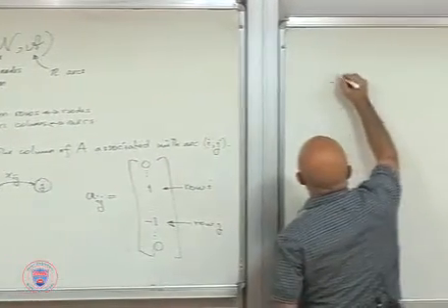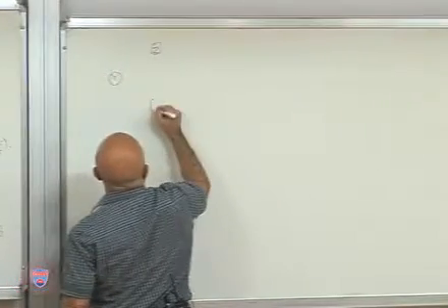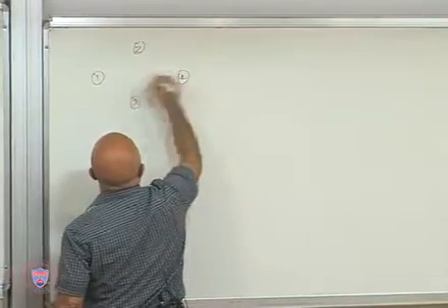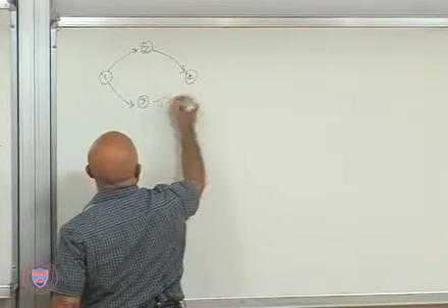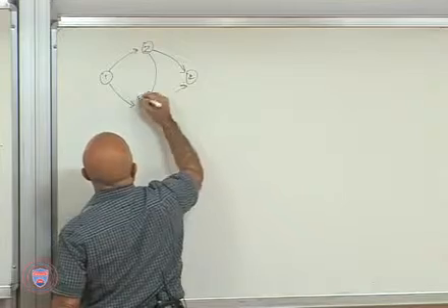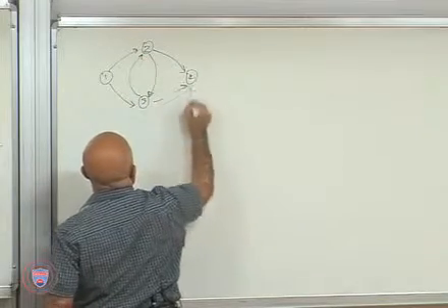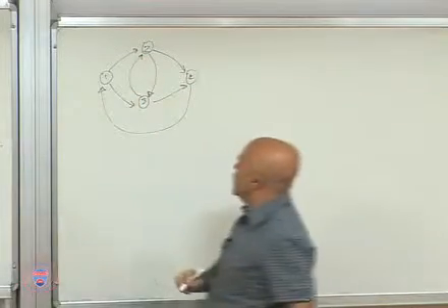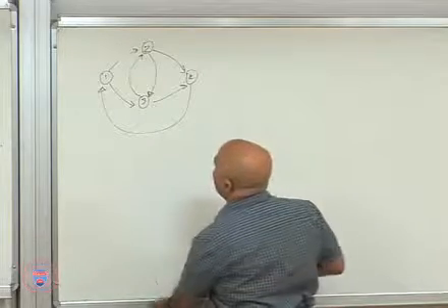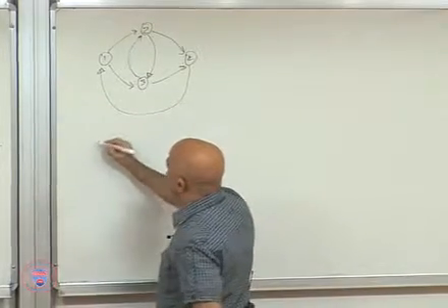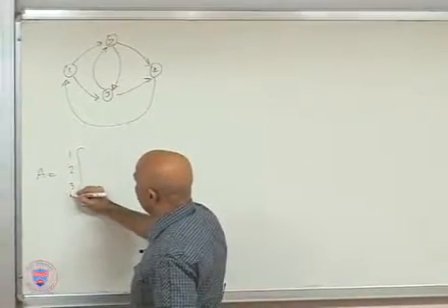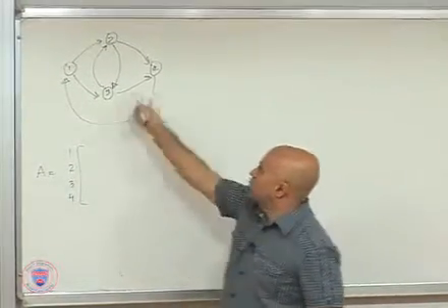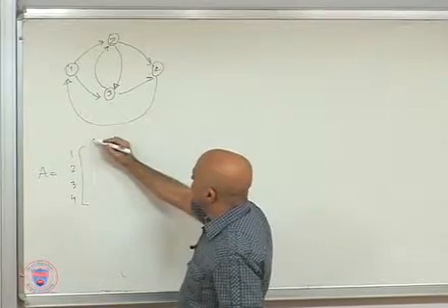So let's look at an example problem here. I think this is the same example that I gave you before. So for this one, my A matrix will have 1, 2, 3, 4 rows corresponding to nodes.